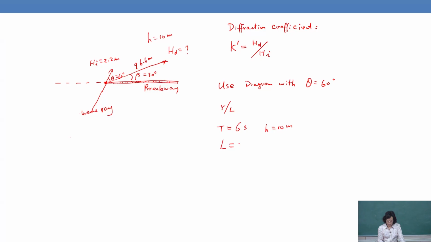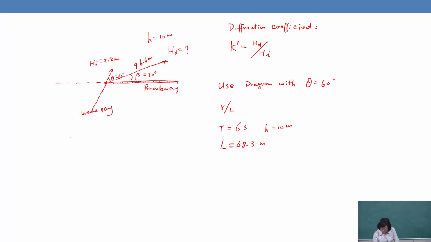So we are able to use what? The dispersion equation to calculate the wavelength. That's from yesterday. With a linear wave theory, we are able to calculate that wavelength using the dispersion equation. So I skip the detail of that calculation.